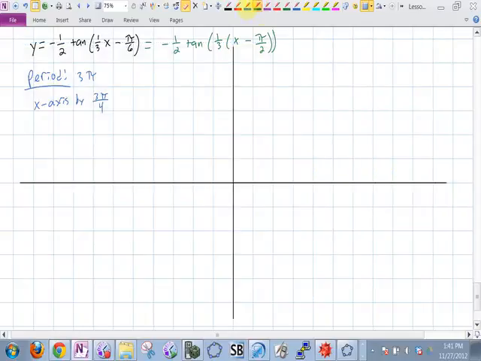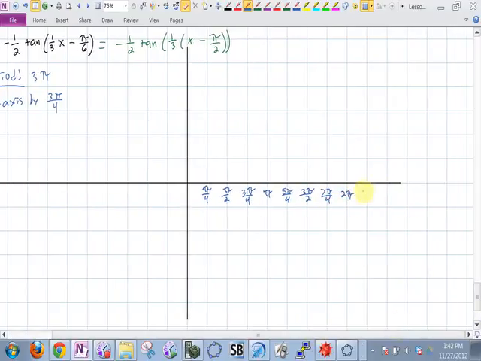Okay, so let's label this pi fourths, there's pi halves, 3 pi fourths, pi, 5 pi fourths, 3 pi halves, 7 pi fourths, 2 pi, 9 pi fourths, 5 pi halves, 11 pi fourths, 3 pi.